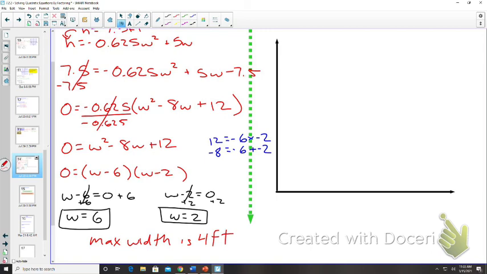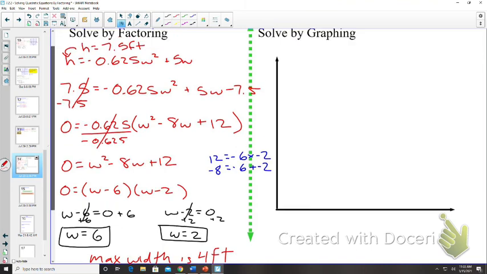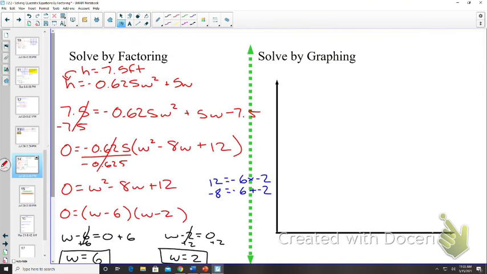And if we solve by graphing, you can just do your y1 and your y2 and see where those intersect. So our y1 will be negative 0.625w squared plus 5w.